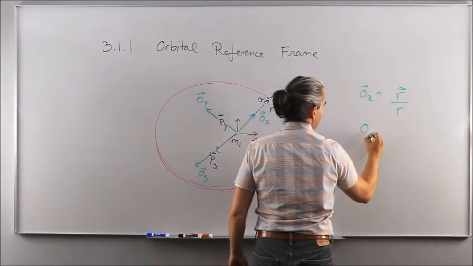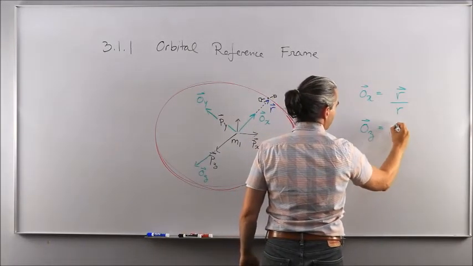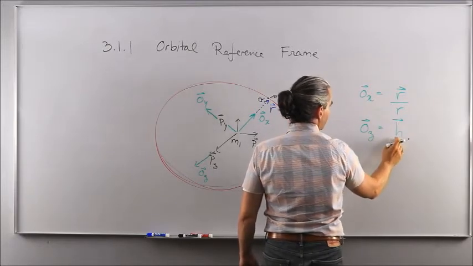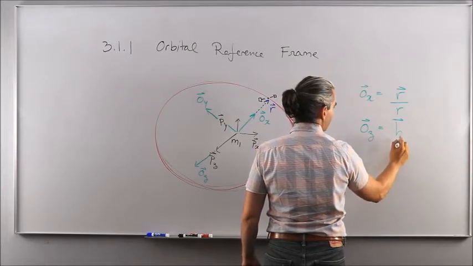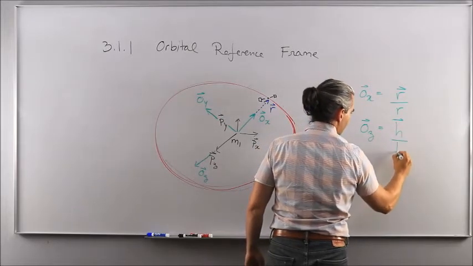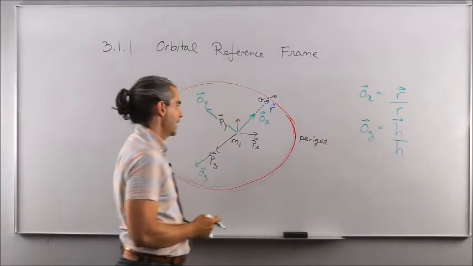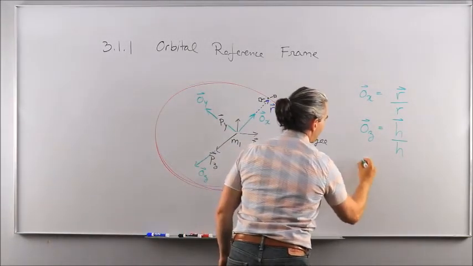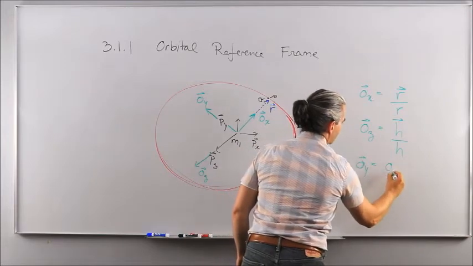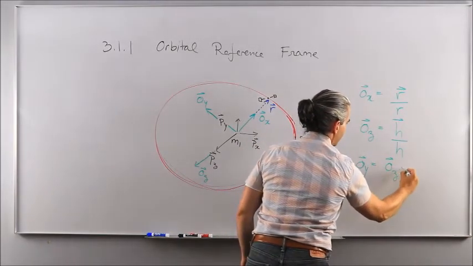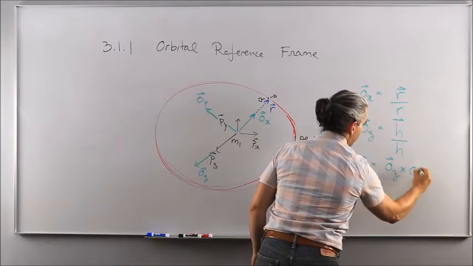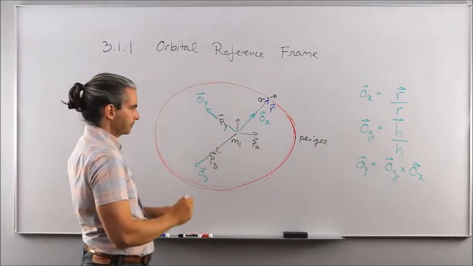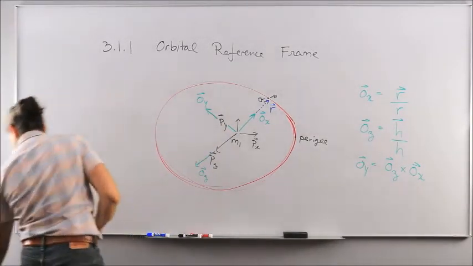We're going to say that OZ is normal to the orbital plane and actually in the direction of our orbital angular momentum vector H over its own norm to make sure that OZ happens to be a unit vector. And then OY will be given by, surprise, surprise, a cross product of Z with X. Boom, just like that. Okay?